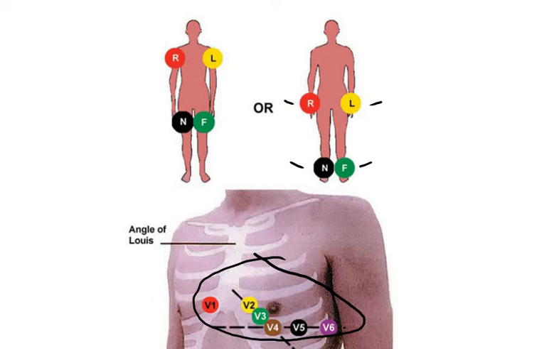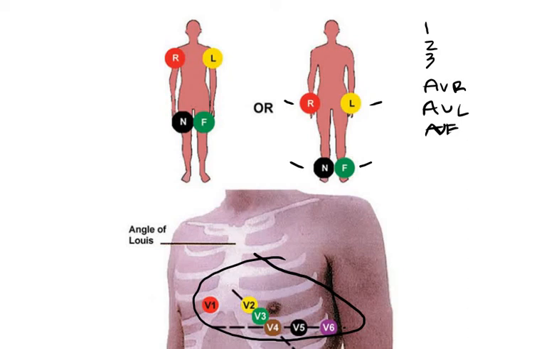It is only the limb leads, which is 1, 2, 3, and then the augmented leads of AVR, AVL, and AVF. Bad drawing. There we go. So those 6 limb leads are all added together to get you your overall cardiac axis.